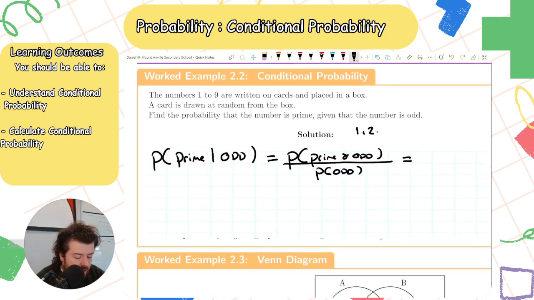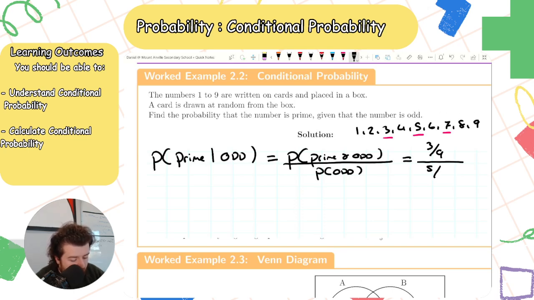So numbers 1, 2, 3, 4, 5, 6, 7, 8, 9. Which of these are prime and odd? Well, 3, 5, 7. That's it. So that would be 3 over 9, because I have 9 total things here, over the probability it's odd: 1, 2, 3, 4, 5, so 5 over 9.